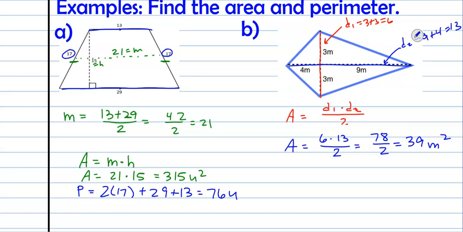The harder part, and maybe hard isn't the right word, but the longer part here is when we're doing perimeter, we are not given any of our sides. We don't know what any of these outsides are. We do know that we have some right triangles, so we do have some Pythagorean theorem to do here.